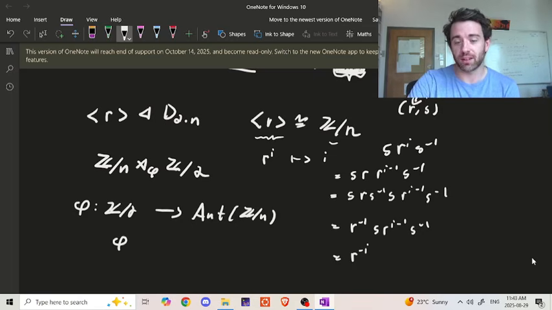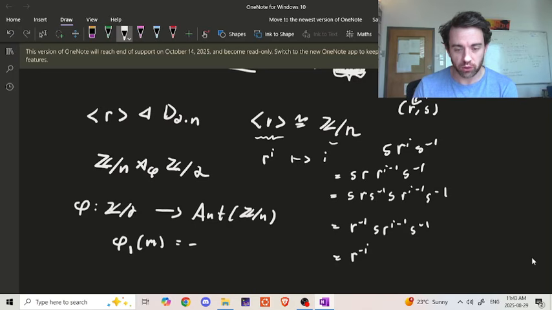Of course, at the identity, it has to be the identity. But at 1, the non-trivial element, applied to any m, we'll send it to its negative. And so you can check, indeed, this does define an automorphism of Z mod n.